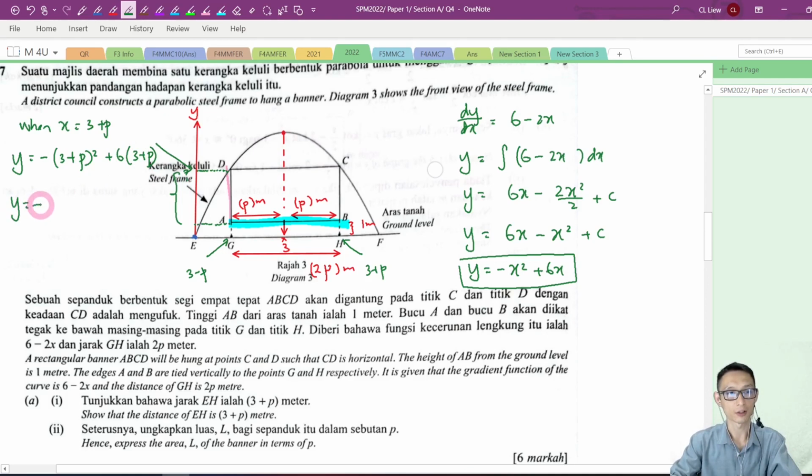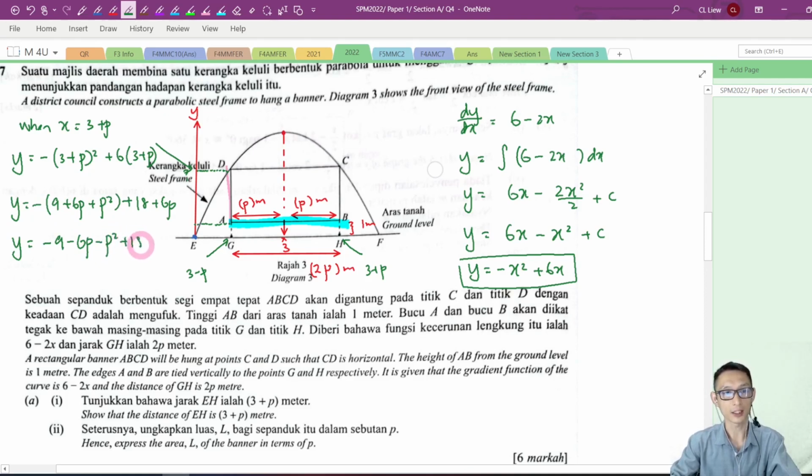Now just do the expansion for this one. 9 plus 6p plus p squared, plus 18 plus 6p. Let me erase this first. Now open up this parenthesis: negative 9 minus 6p minus p squared plus 18 plus 6p. So this is negative p squared, negative 6p plus 6p, no more p.